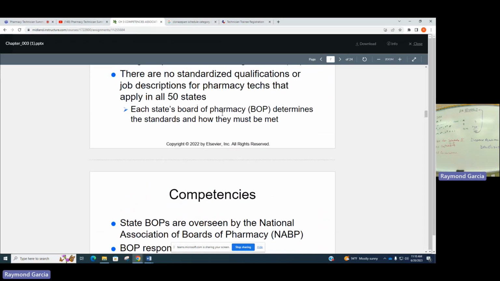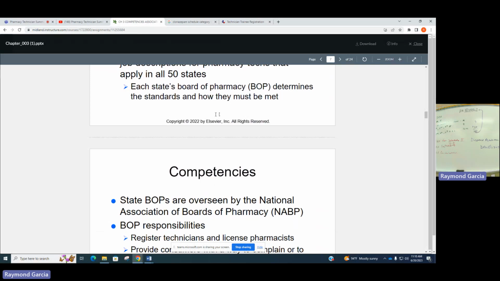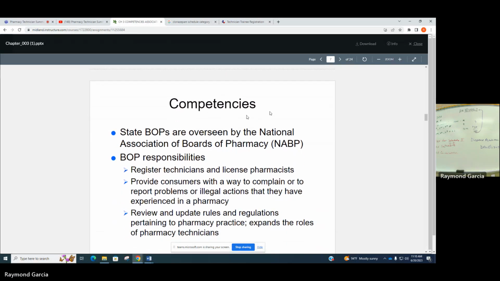And of course, like I stated before, each individual state's Board of Pharmacy is over each pharmacy and how they run it. State Boards of Pharmacy are overseen by the National Association of Boards of Pharmacy, also known as NABP. Become familiar with that.